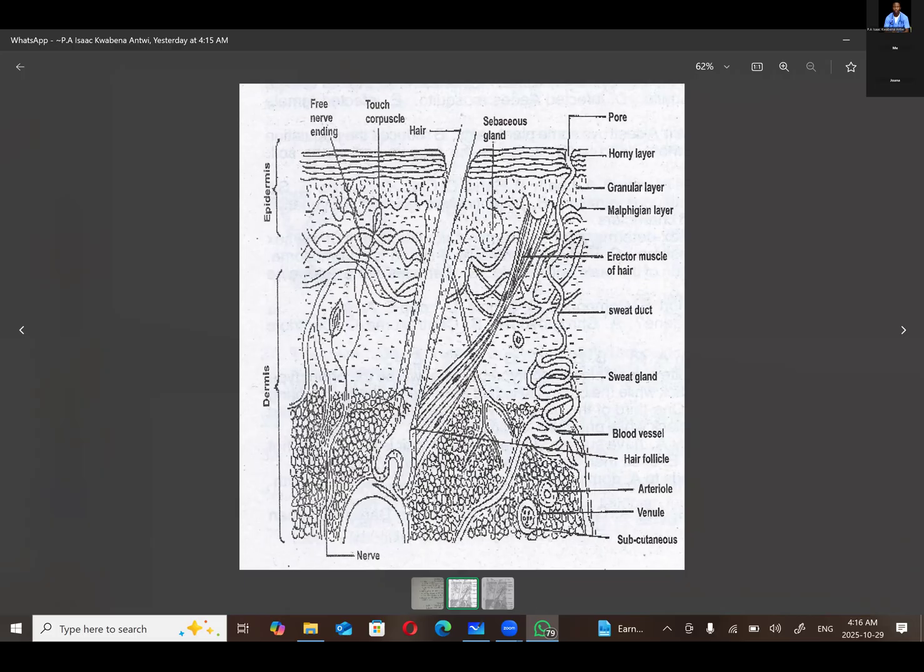It's called the hair bulb. Any question, guys? Label it, because in the exam they will draw for you and ask you to label the structure.